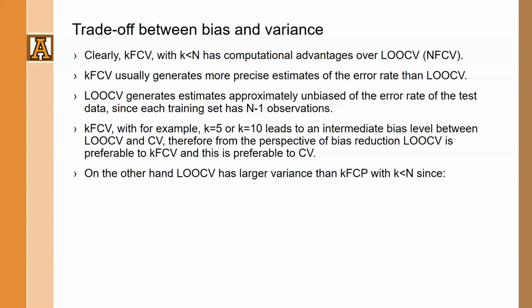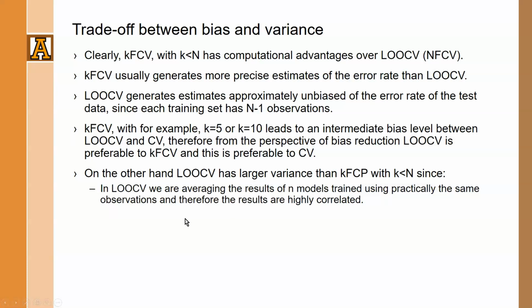That's why we usually go with k-fold cross-validation. As long as we are between k equals 5 and 10, we're in a middle ground between reducing bias and reducing variance. So we're getting a balance between bias and variance if we use k-fold cross-validation.